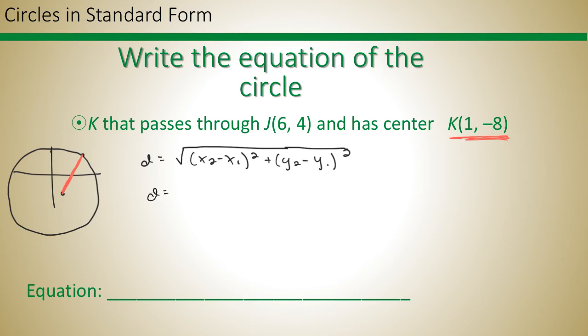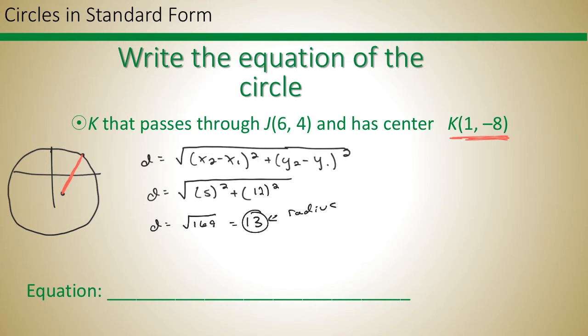So d is equal to the square root of 5 squared plus the difference between the y values. 4 and -8 are actually 12 apart, so 12 squared. Then combine those two things: 25 and 144, d is equal to the root of 169, which is 13. This 13 is my radius.